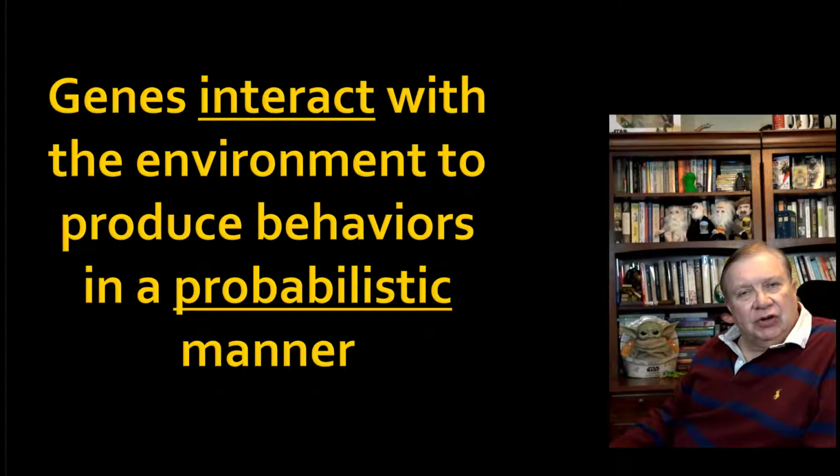If you have the alcoholism gene and you drink, there is a far greater probability you're going to become an alcoholic than someone who does not possess that gene. If you have the alcoholism gene and you don't drink, you're not going to become an alcoholic.